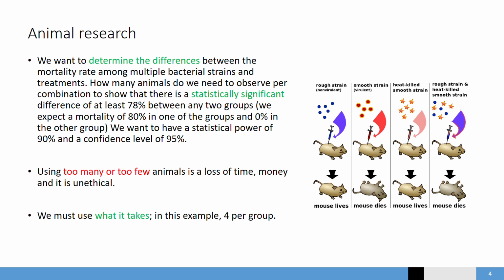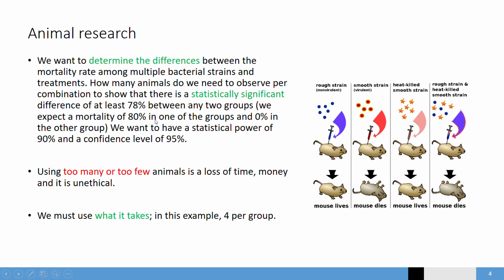So it could be compatible with there being no difference between the two groups. So the point is, how many animals do I need to put in each one of the groups so that if there is a really big change, I am able to detect it.